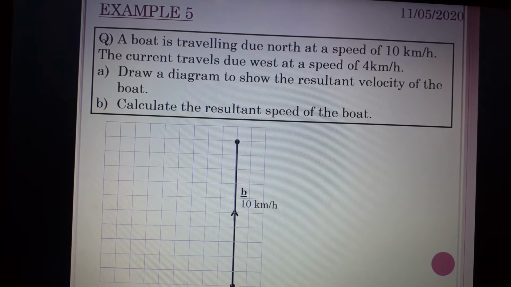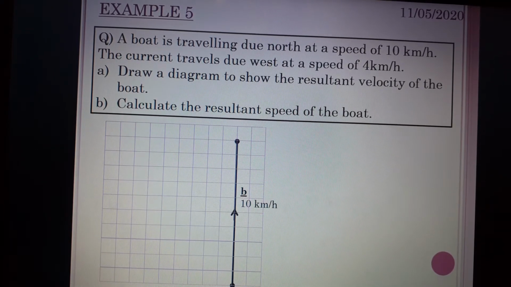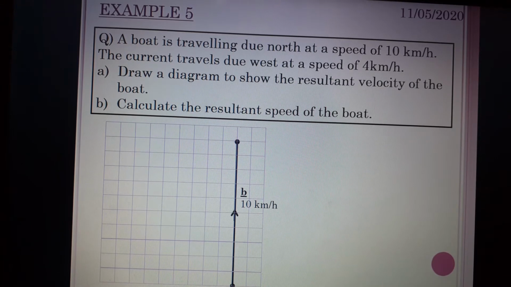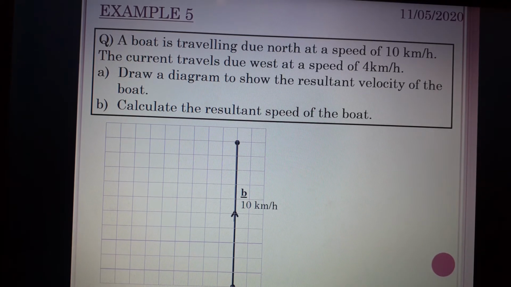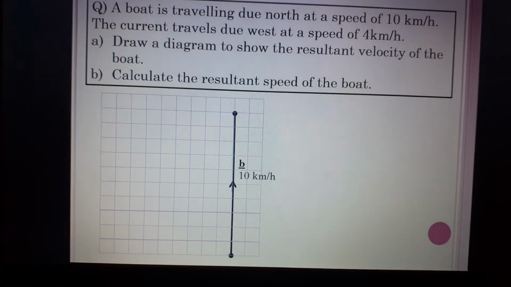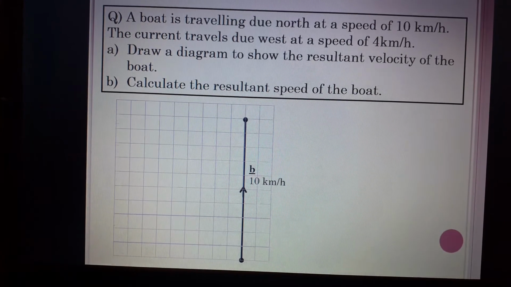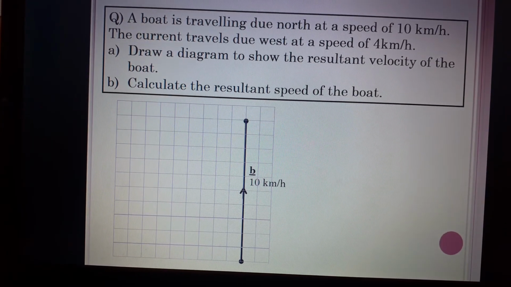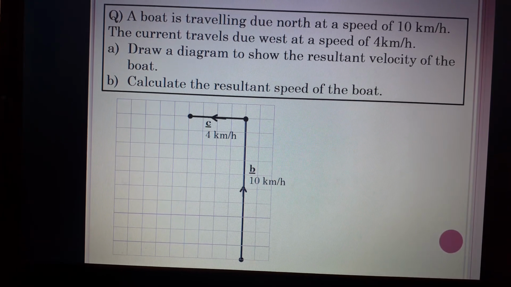So here we have a vector to represent the boat travelling due north, so it's going in a north direction. Okay, I've named that vector b as well, and I've also written beside that it's 10 kilometres per hour. So it's travelling due north at 10 kilometres per hour. The current travels due west, so that would be going in that direction. So there's a c for the current, travelling due west.